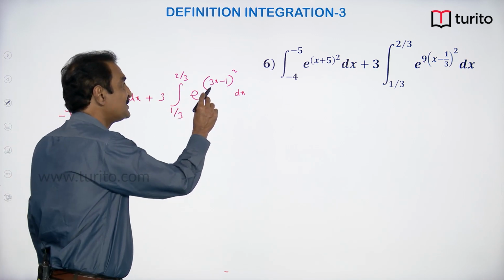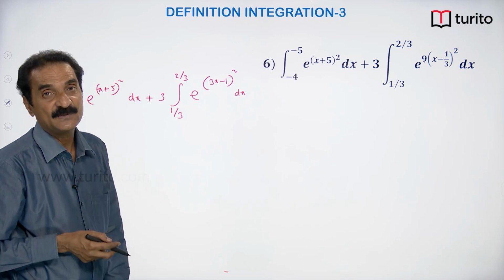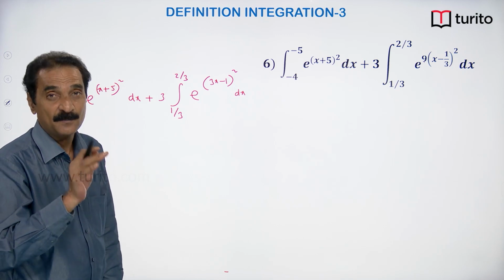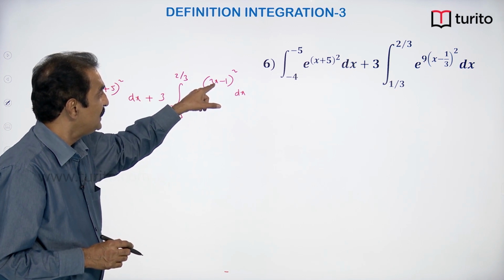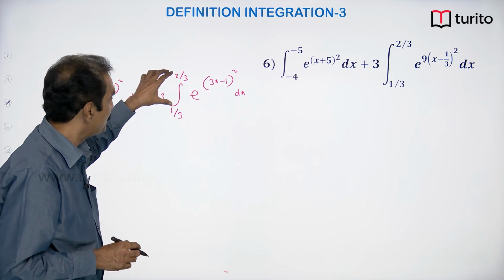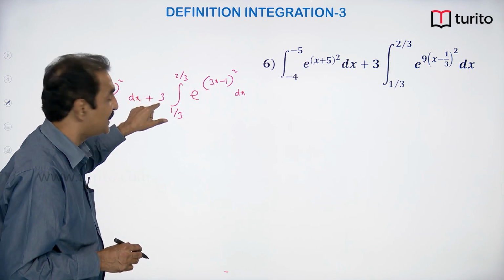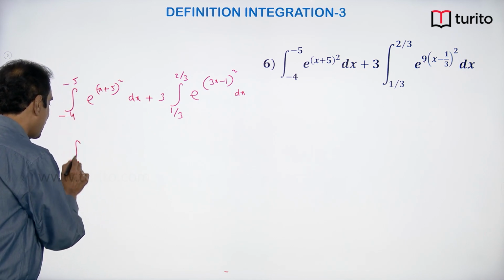In the second, since the function is in terms of 3x, I will use f of kx property, f of kx formula. Okay. So, if x is to be divided by 3, what should we do? We should multiply the limits by 3 and divide the integral by 3. Write the first integral as it is.